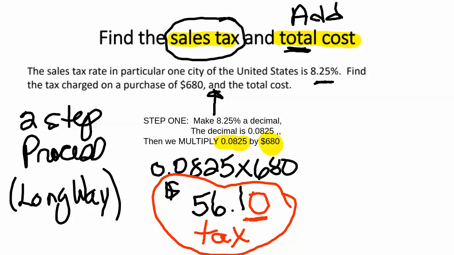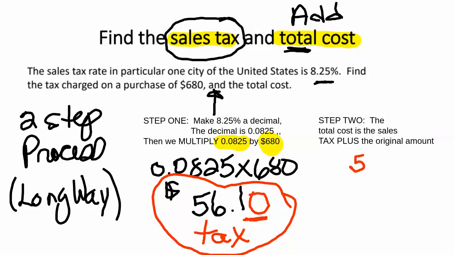Now, this is step 2. The total cost is the sales tax plus the original amount, which means I'm taking $56.10 and I'm adding it to $680.